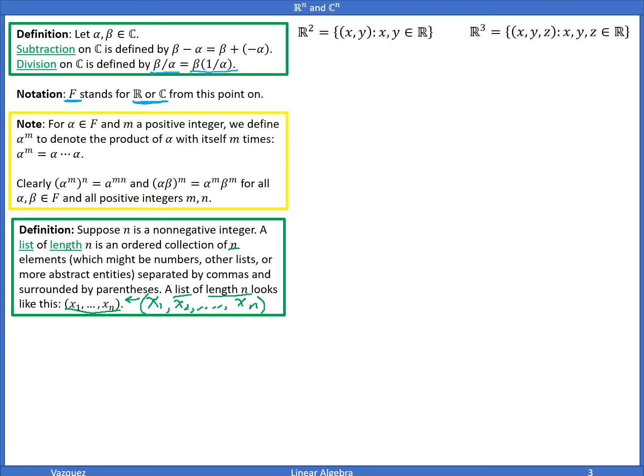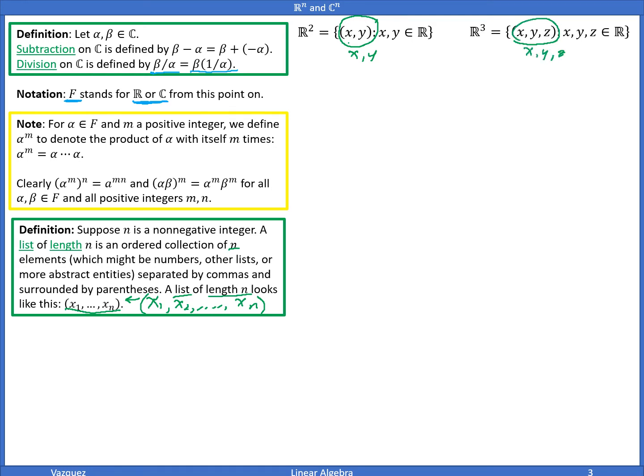To help you visualize a bit better, a list of length 2 is given up above. We have x and y. That's length 2, and they're both real numbers. Do you know what R2 looks like visually? We're about to see it. Over here we have a list of length 3, x, y, z.